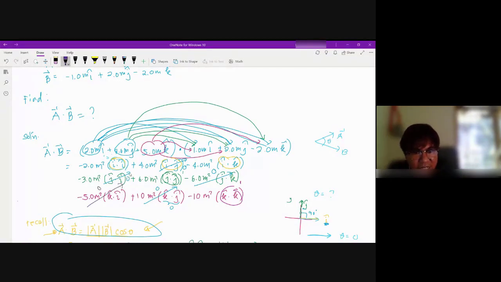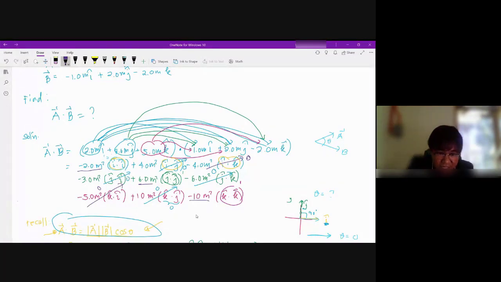And then I hat dot k hat, haman to. This one also, I hat dot k hat is also 0. So ang mag-survive class kay ini lang. Ini ay kana. So na kay negative 2. So na kay sulat na ako. Negative 2, negative 2 plus 6 o negative 10.